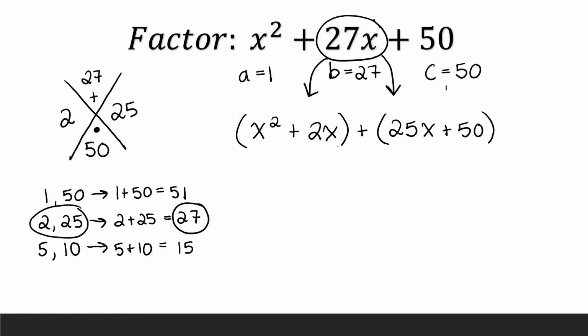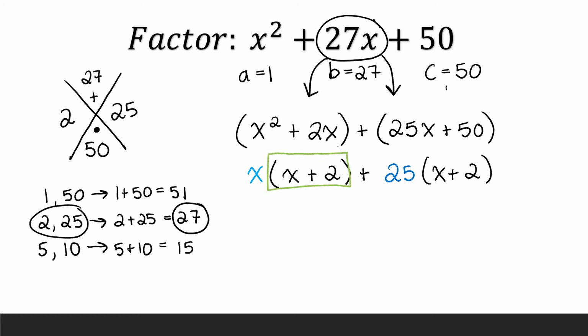Now we'll factor the greatest common factor from each group. The greatest common factor between x squared and 2x is x. So I have x times x plus 2, plus the greatest common factor between 25x and 50 is 25. So I have 25 times x plus 2. Now I can find the greatest common factor between each of these two groups, which is x plus 2, which I'll factor out.